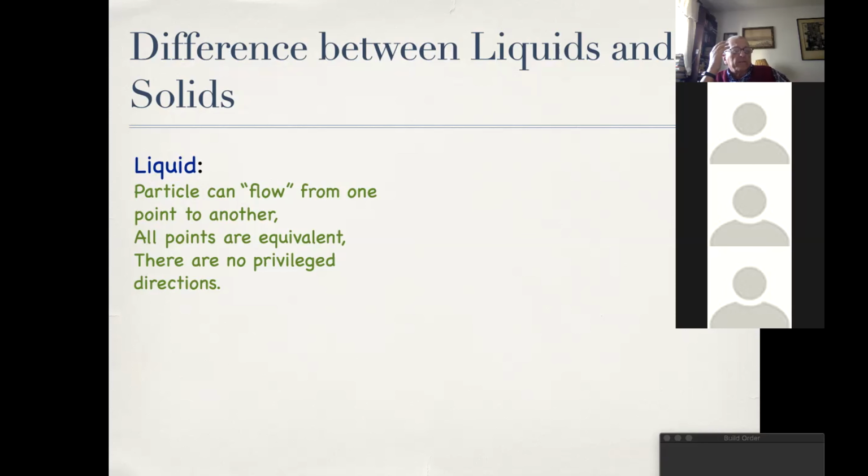And the final property, which is important for my talk, at least for that part of the lecture, is that in the liquid there are no privileged directions. Those three properties in some sense define a macroscopic substance, which we call liquid.